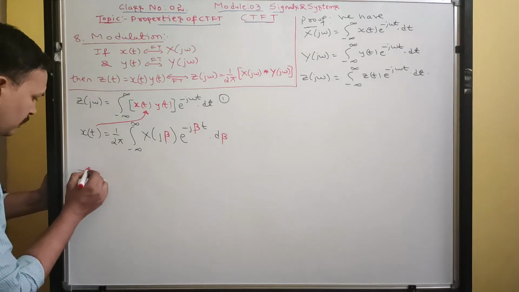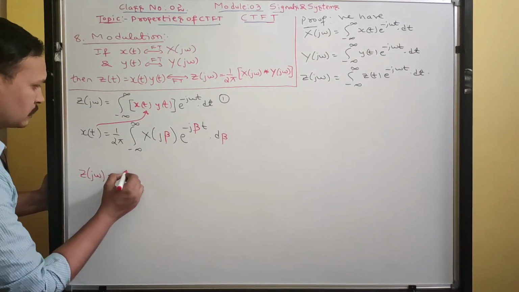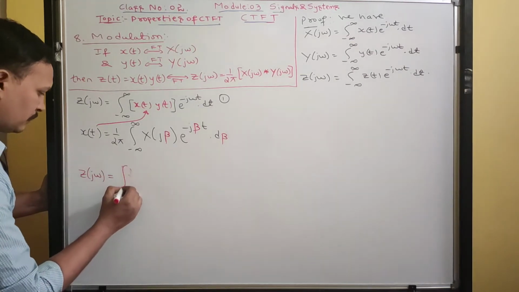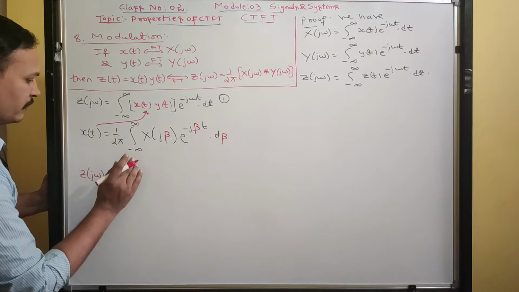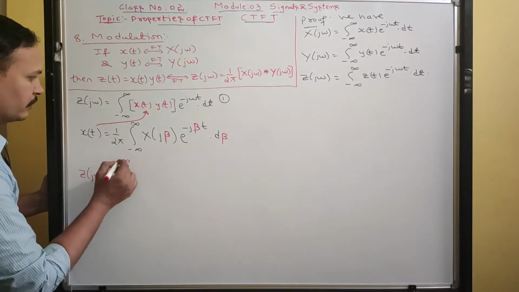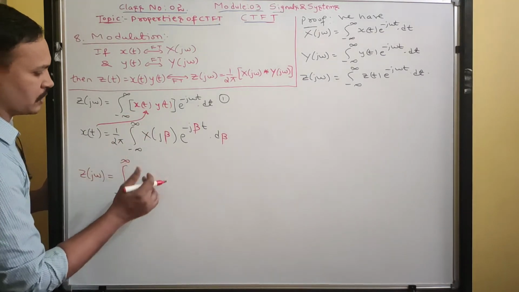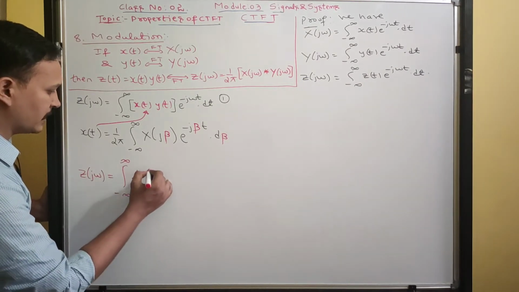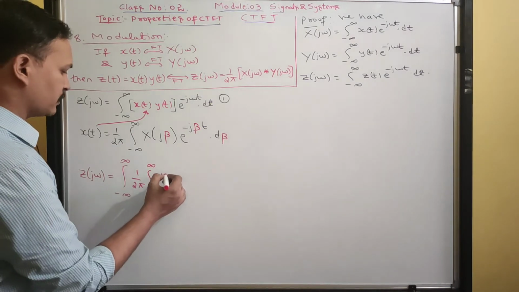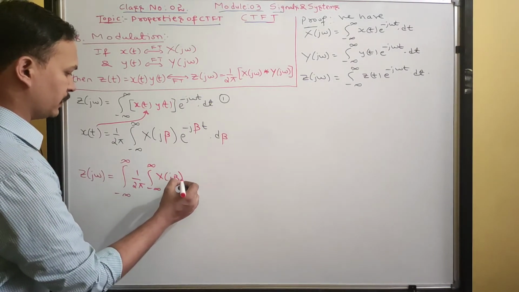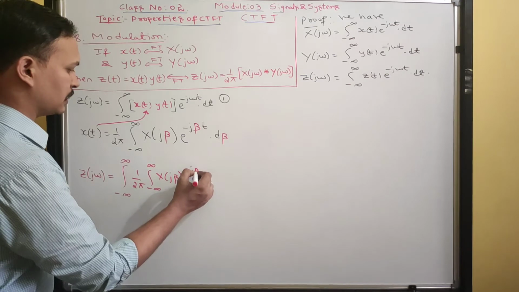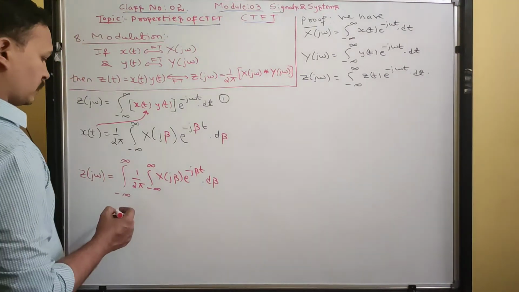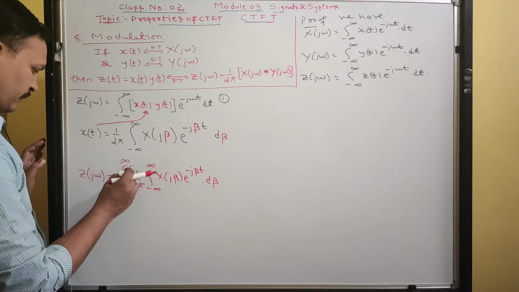After substituting, it will look like this: integral minus infinity to infinity, I am writing this formula for x of t, 1 upon 2 pi integral minus infinity to infinity x of j beta into e power j beta t into d beta. So I wrote that formula for x of t.